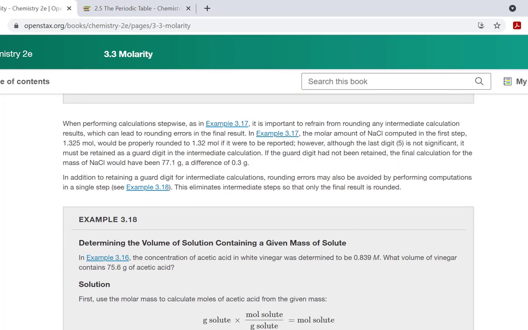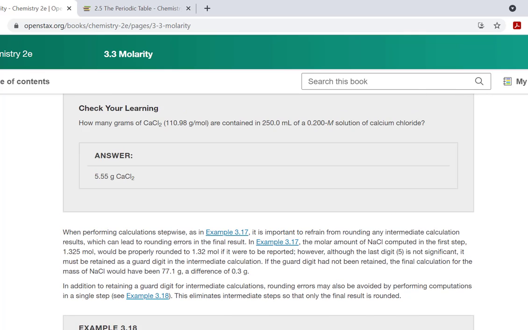So I would highly recommend going through some of these examples, as well as the worksheet. I believe there's a worksheet that is about molarity as well. Going through those examples, ask questions if you would like a more detailed video on any of these.